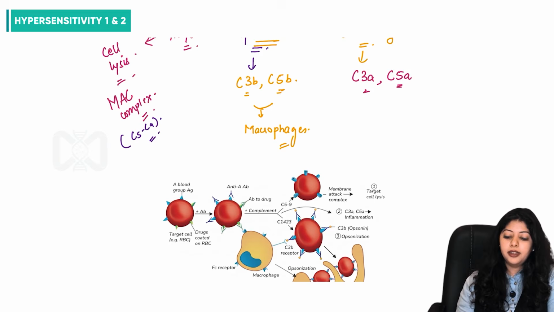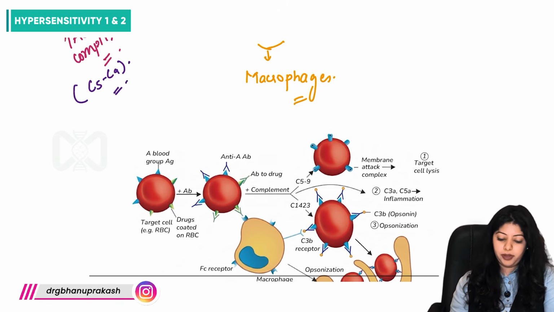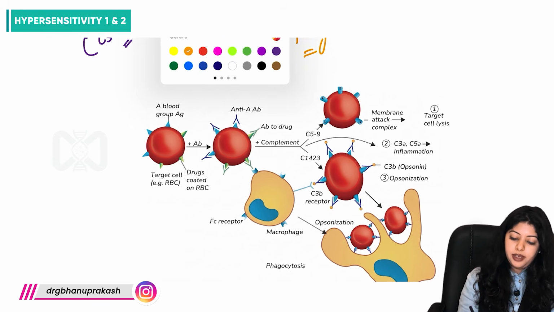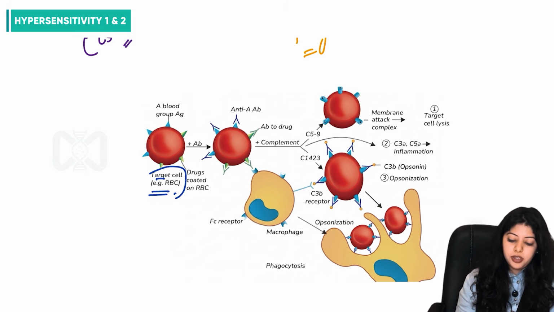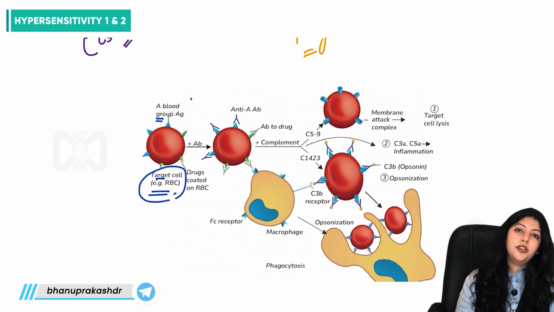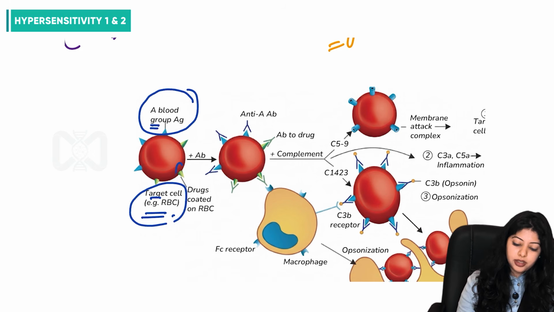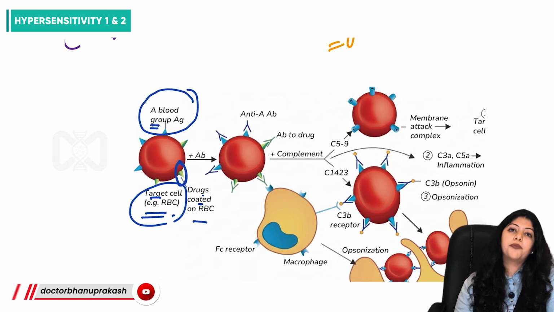So let us look at the diagrammatic depiction of this particular pathway. Suppose this is the target cell, which is of course the RBC, and RBC has certain antigens, RBC membrane antigens. These can be blood group antigens. So here we have A blood group antigen, right? And there are also certain drugs which coat the RBCs.